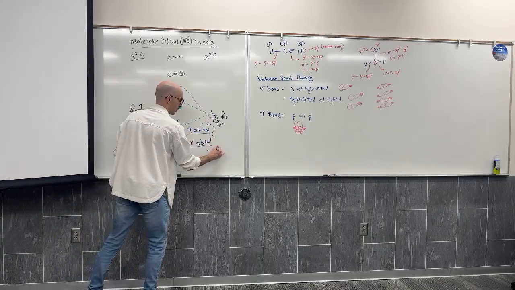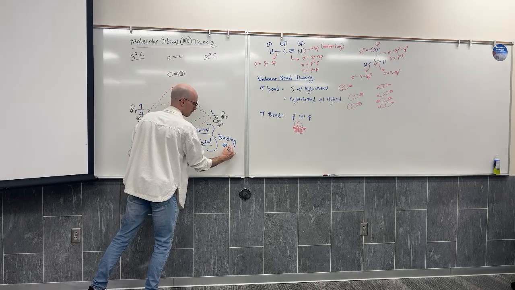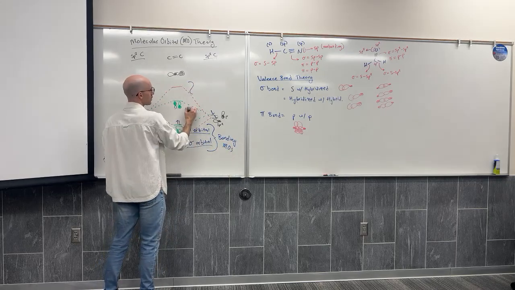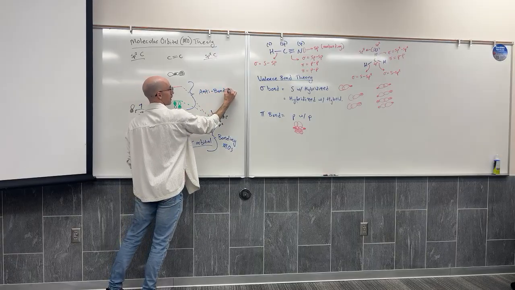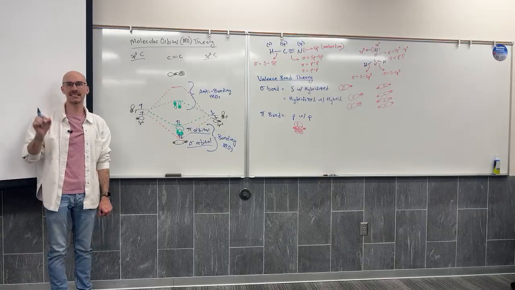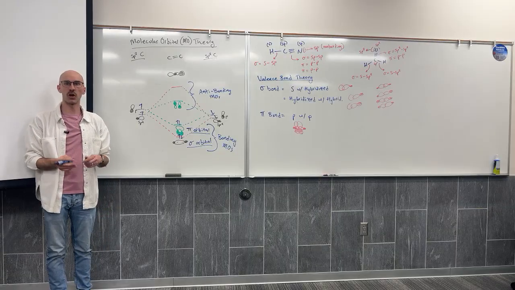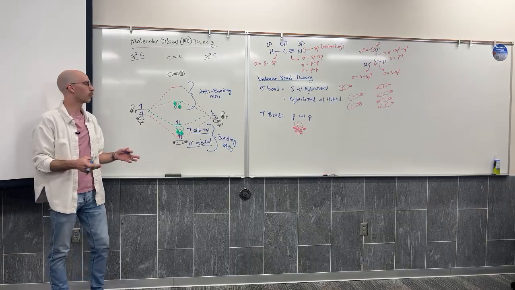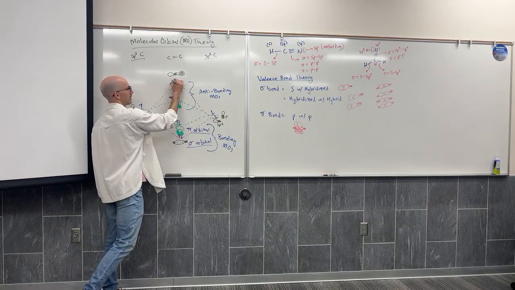These are bonding orbitals, and these are anti-bonding orbitals. If electrons occupy these, they exactly cancel out the benefit of bonding. So instead of calling them pi and sigma, we'll call them pi star and sigma star.